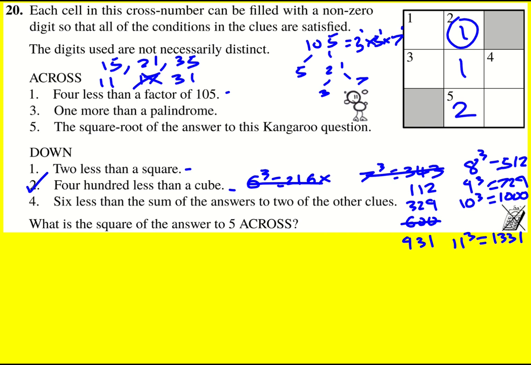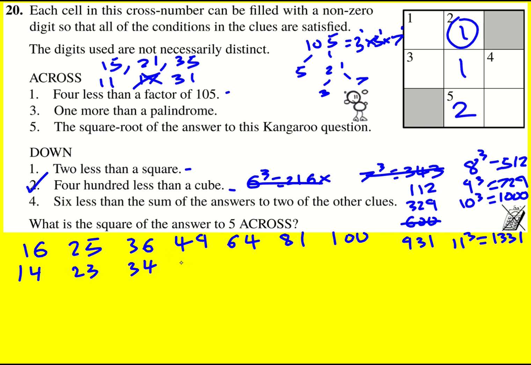Right, so the next one is going to be those square numbers. 2 less than a square. Okay, so I'm going to go straight into my 2-digit numbers because that's what the 1 down is, 2 digits. So I'm just going to write them down now, my 2-digit squares. And also include 100, because it's 2 less, so I'm going to minus 2 from each.